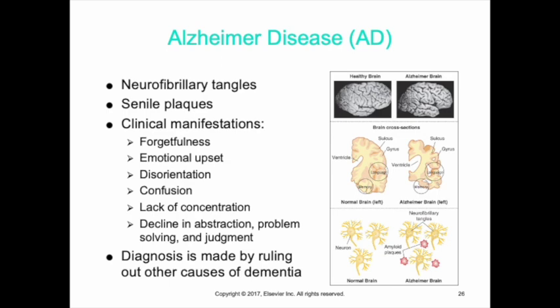As your patient becomes progressively more confused, they're going to be forgetful over time, they're going to forget recent events, and then the patient can even become disoriented and more confused, losing the ability to concentrate, lacking the ability for abstract thinking, problem solving, and judgment.